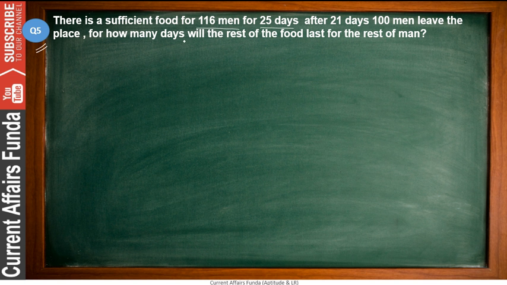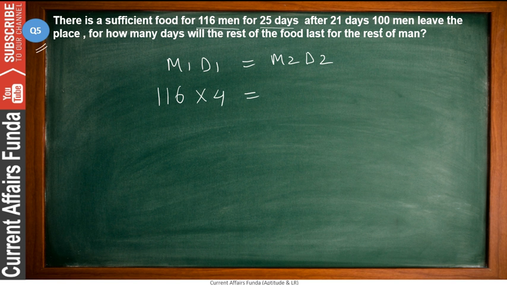So first of all friends, you should apply the same formula here, m1 d1 is equal to m2 d2. Okay, so there is sufficient food for 116 men. Okay, so total men will be 116. Okay, and friends, this food is for 25 days, and after 21 days have passed, that means 21 days have expired, the remaining days will be 4 days here.